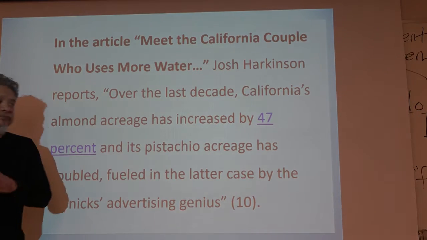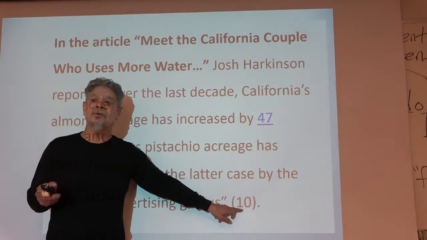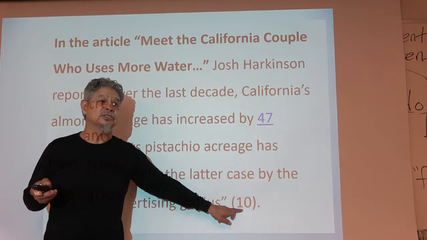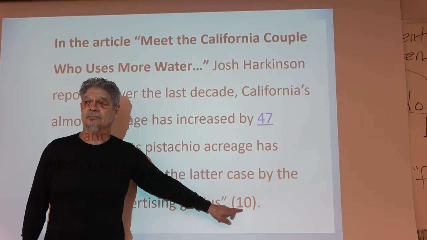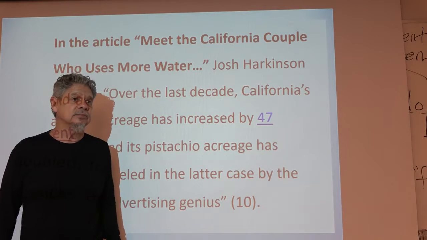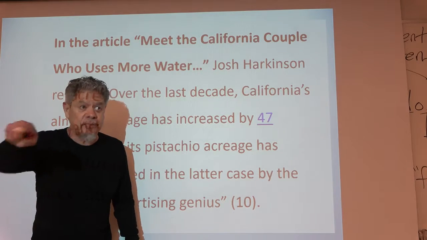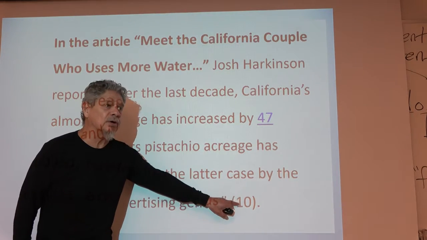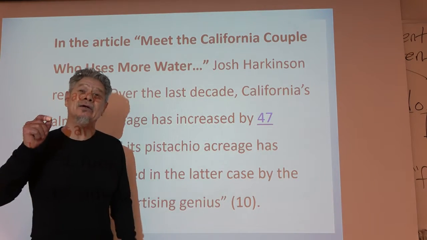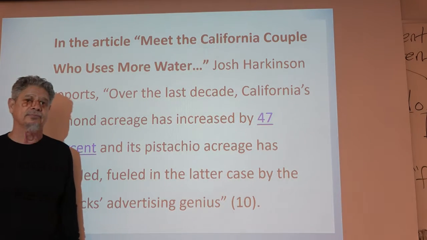Alright. Now, you see this number right here? This number refers to the page of the article. Do you see the letter P for page? Do you see a letter P? No. So are you going to put a letter P in your, these are called parenthetical citations. Parenthetical citations.